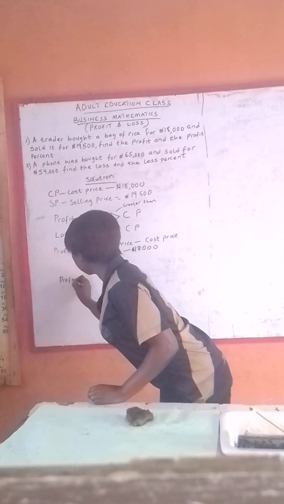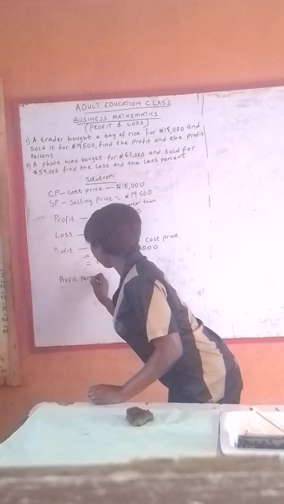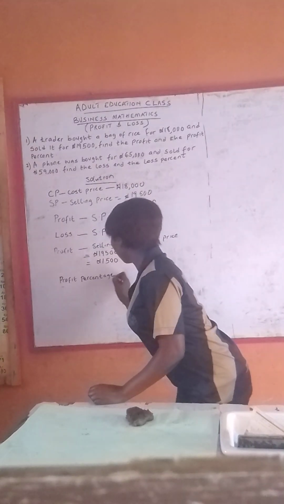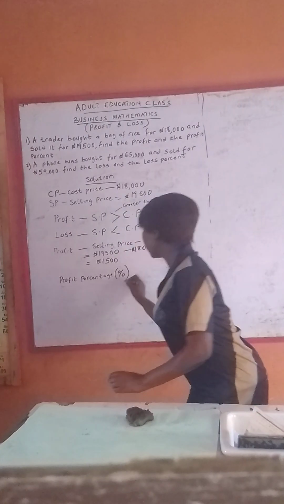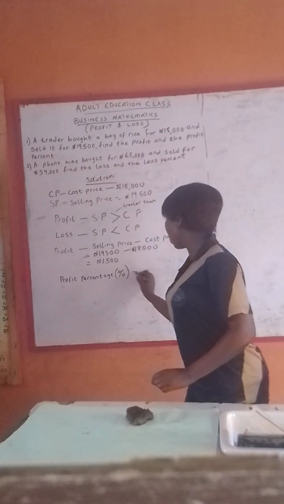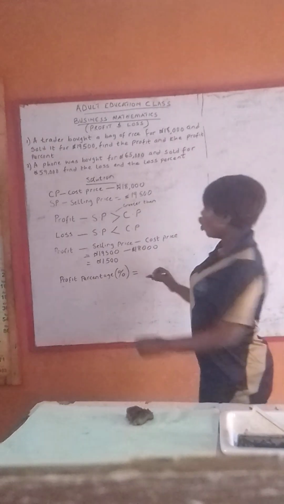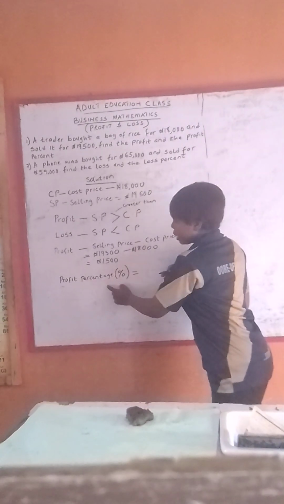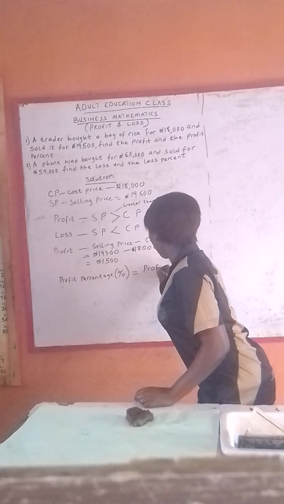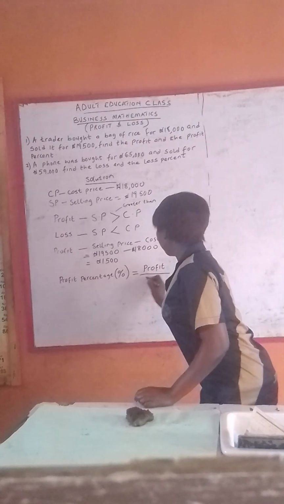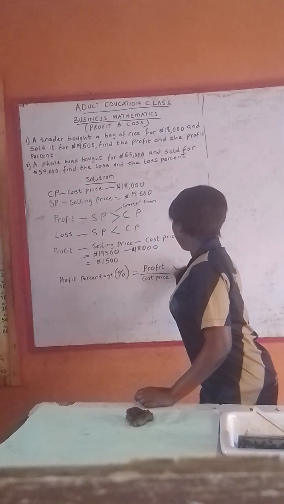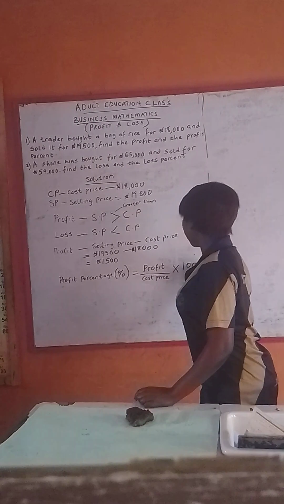Profit percentage. You know, I told you before now, this is how to denote percent in mathematics. So, to know the profit percentage, it will be your profit over the cost price, multiplied by 100.